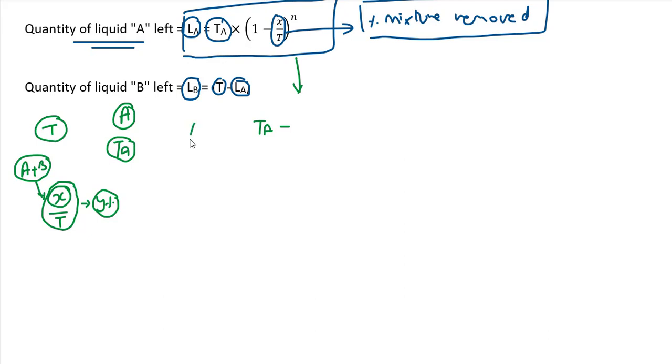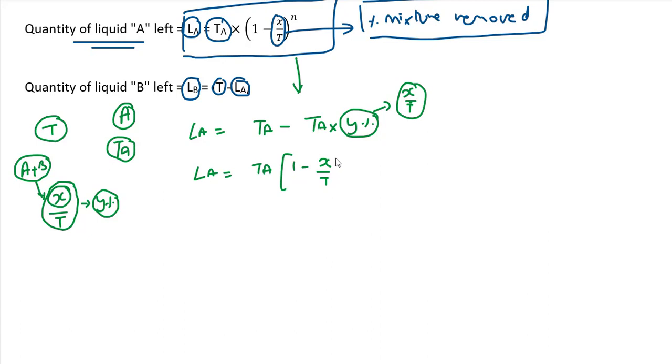So the quantity of liquid A left in the container will be given by initial quantity minus the quantity which is removed. So this will be Y percentage. This Y percentage is nothing but X by T, where X is the quantity that you are removing and T is the total capacity of the container. So quantity left will be equal to, we can take TA common, 1 minus X by T.